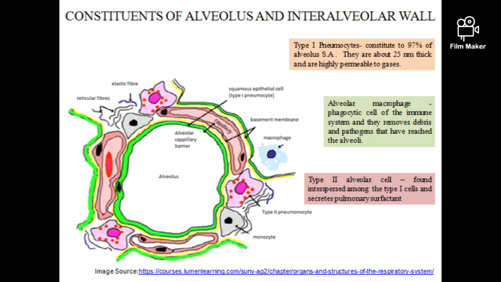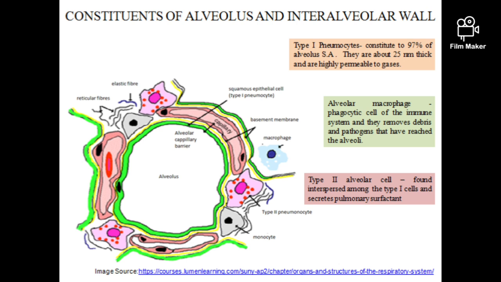This particular slide helps us to have a very closer look into the constituents of alveolus and the wall, the interalveolar wall. We can see capillary shaded in red and colored cells like type 1 pneumocytes, which form the inner circular region.